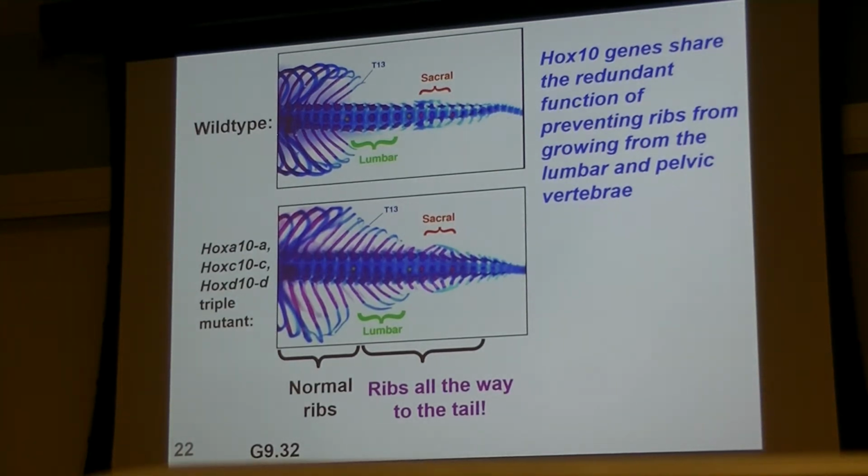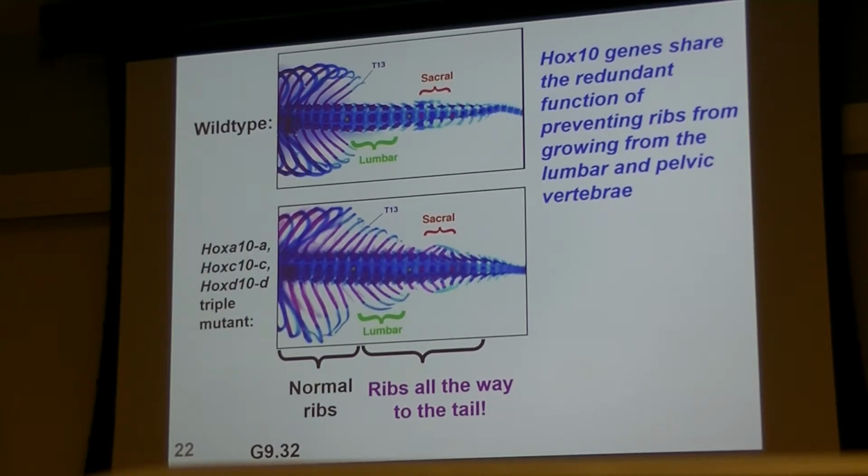The phenotype has to do with ribs. So you get a homeotic transformation, and this time it's going to occur on a massive scale. Your wild-type skeleton looks like that top diagram there. A certain discrete number of thoracic vertebrae, each with a pair of ribs. Then a certain discrete number of lumbar vertebrae.